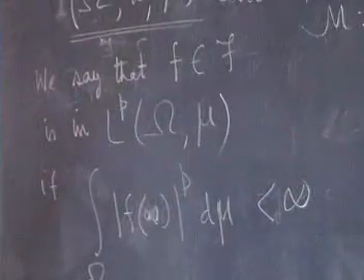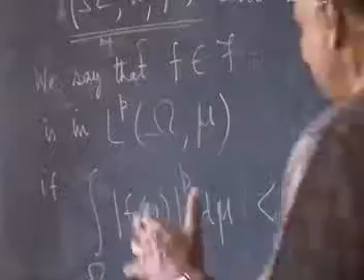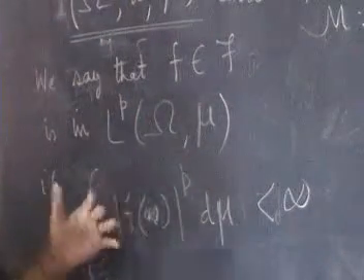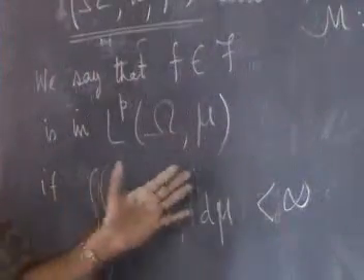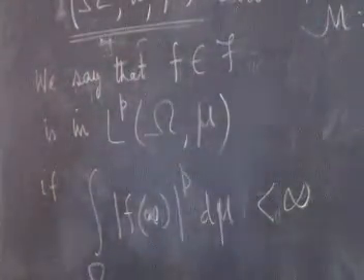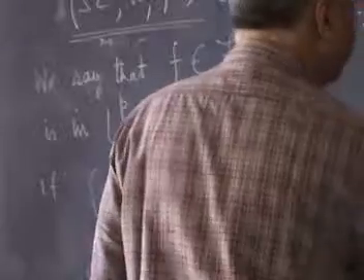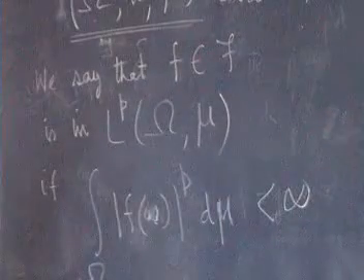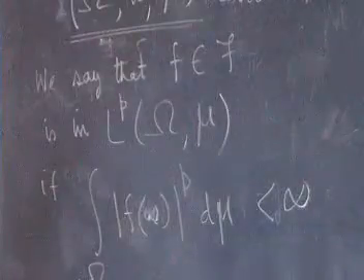So there is a tacit understanding that whenever I say this, it is up to almost everywhere equivalence. So we say that f belongs to L^p if this happens. What was capital F?